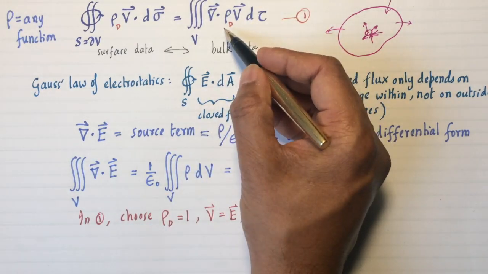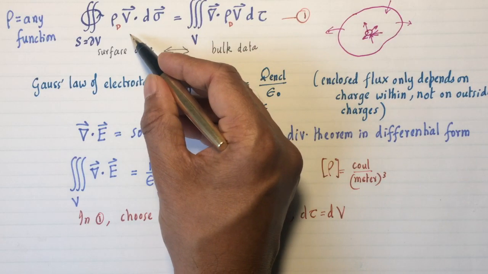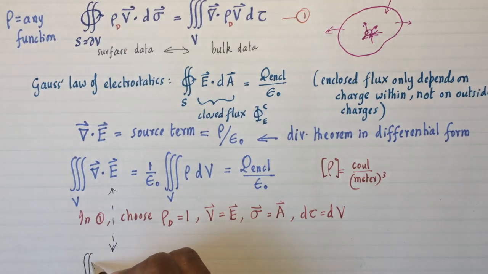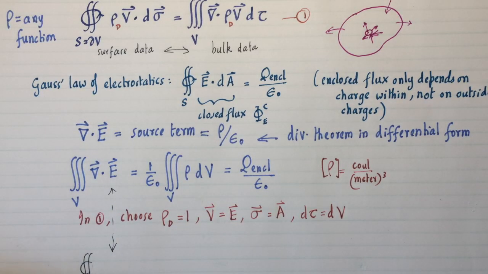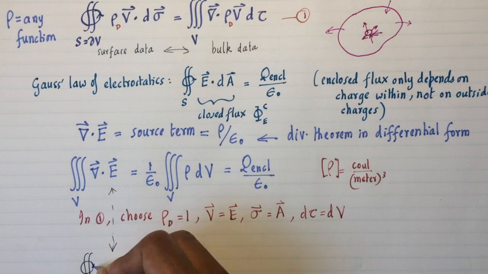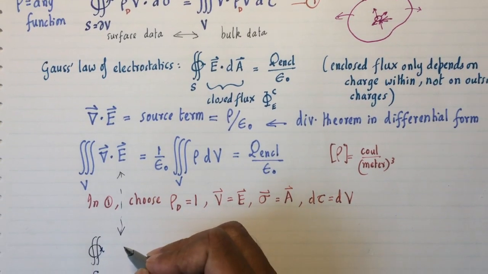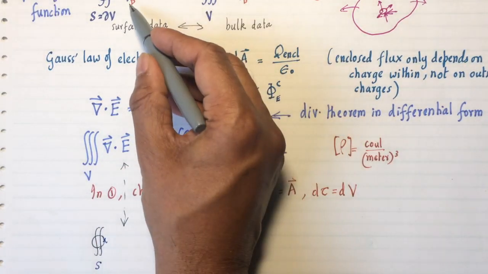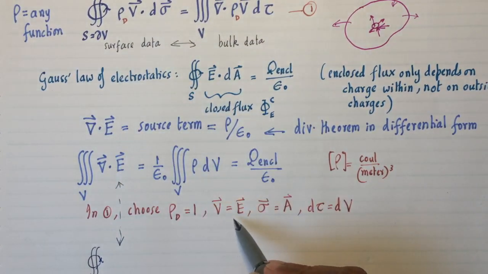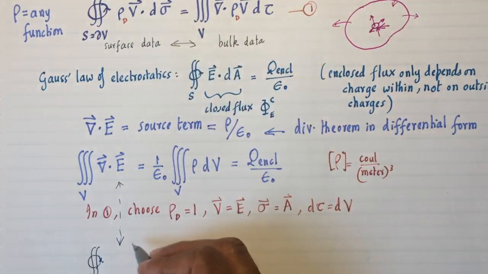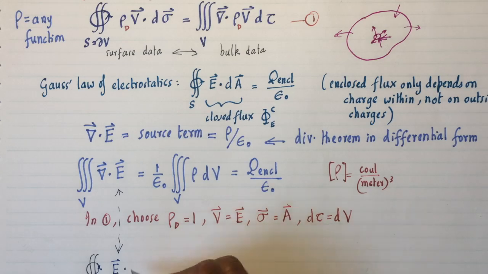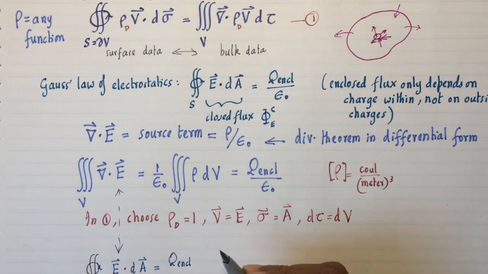This looks like the right hand side with rho d equals 1, so that should be equal to the left hand side. So I'm going to replace this with the double integral over the surface which bounds the volume of rho d is 1, so I just have to put what v is, the vector field, and that's E. So I get E dot d sigma, which is dA, equals q enclosed over epsilon naught.